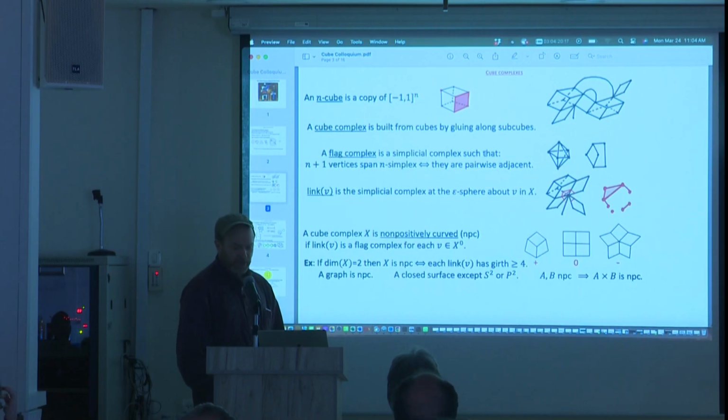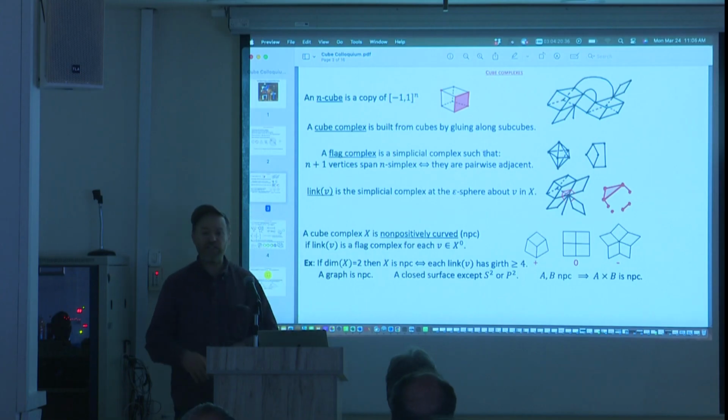Here's how I think about it. You look at your simplicial complex and you just think about its one skeleton, just its one skeleton, right? So you're looking just at a graph. And then you say to yourself, anytime that I see the one skeleton of a simplex, the whole simplex is there.